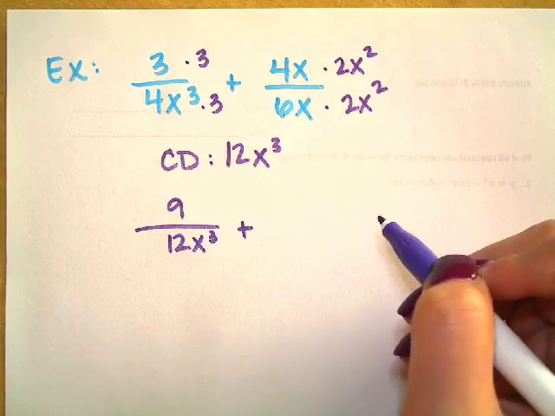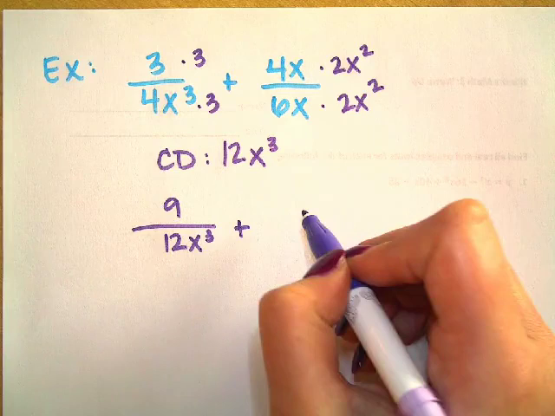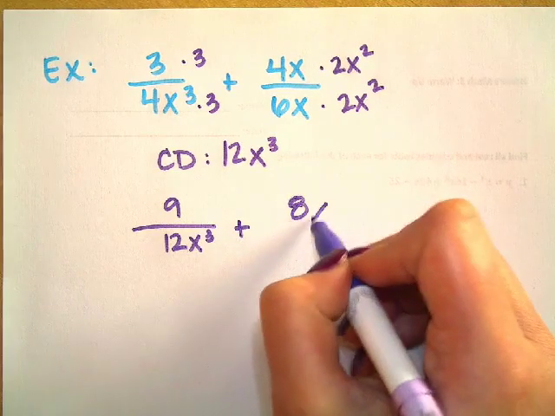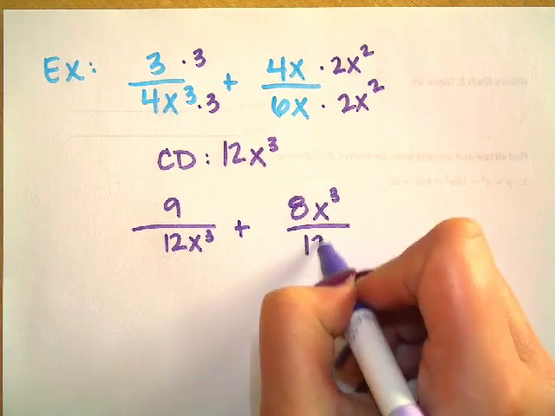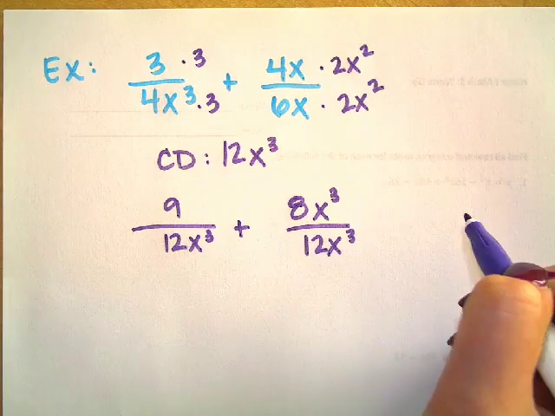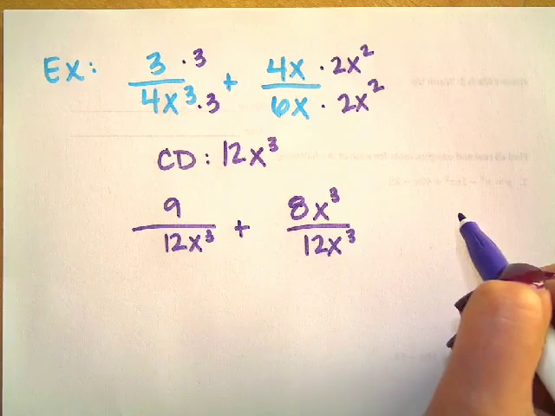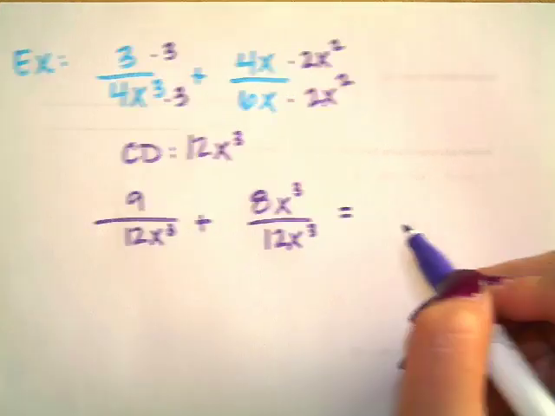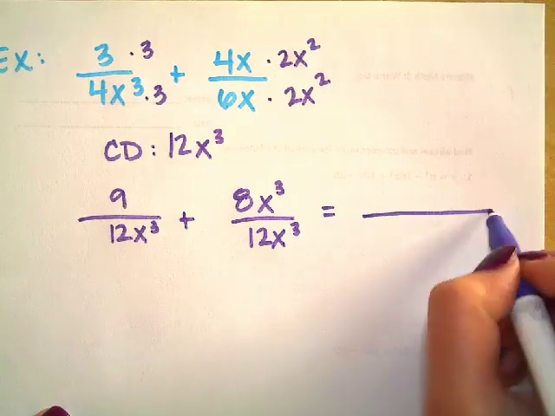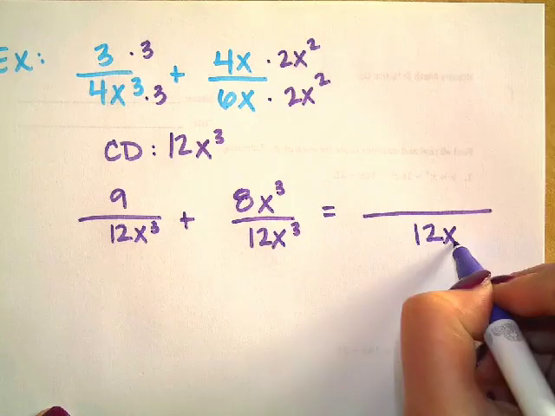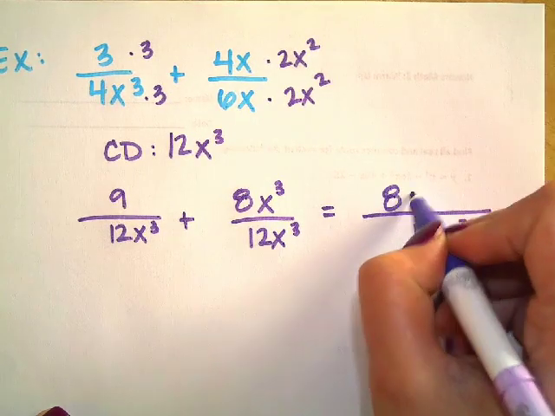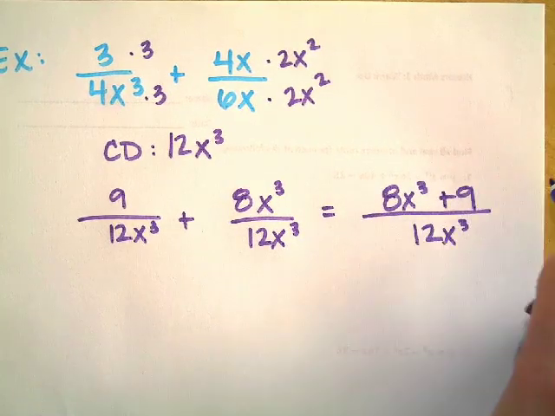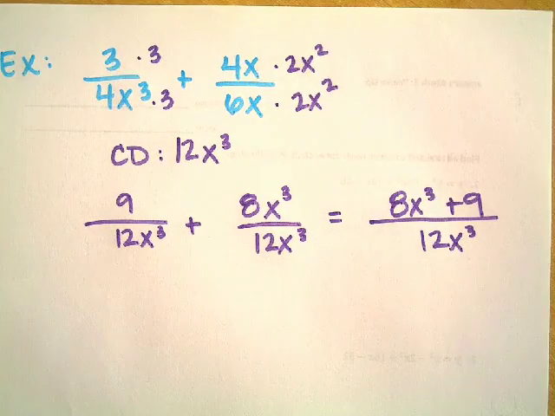The second fraction is now 8x cubed over 12x cubed. Okay. And then if we add those together, what's our final answer? 8x cubed plus 9 over 12x cubed, and we're done.